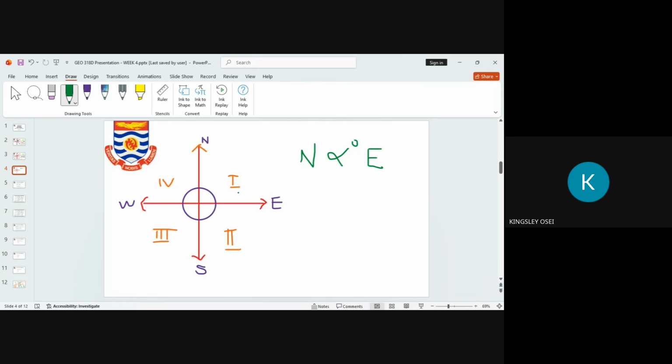If you are in this quadrant, that's the language, how you call bearing. When you are in this quadrant, this is how you reckon or call bearing. South, theta, east.